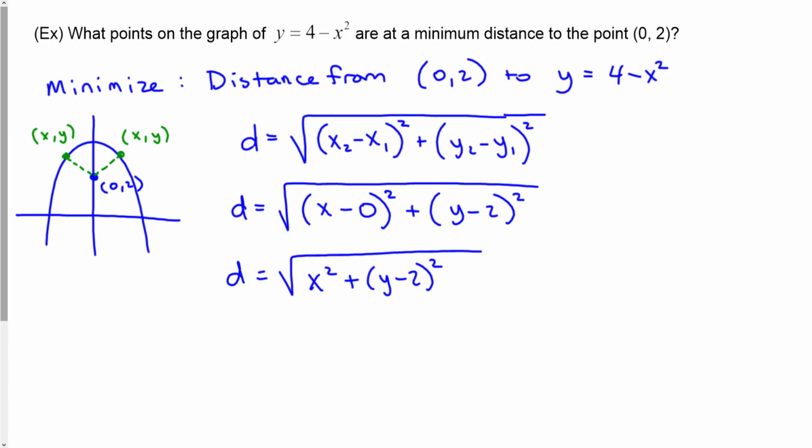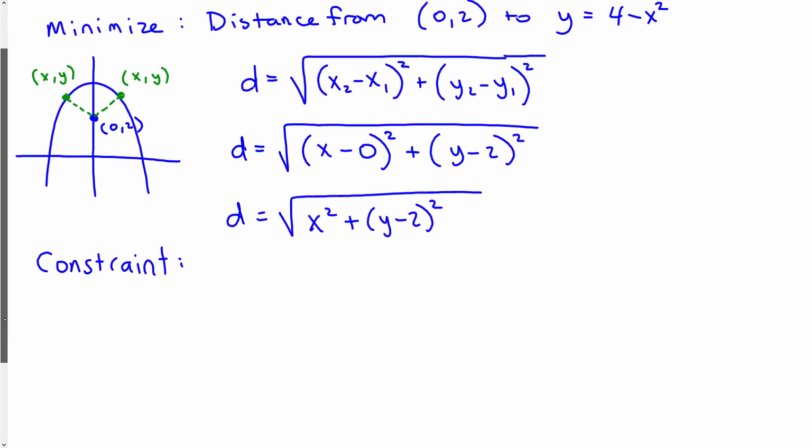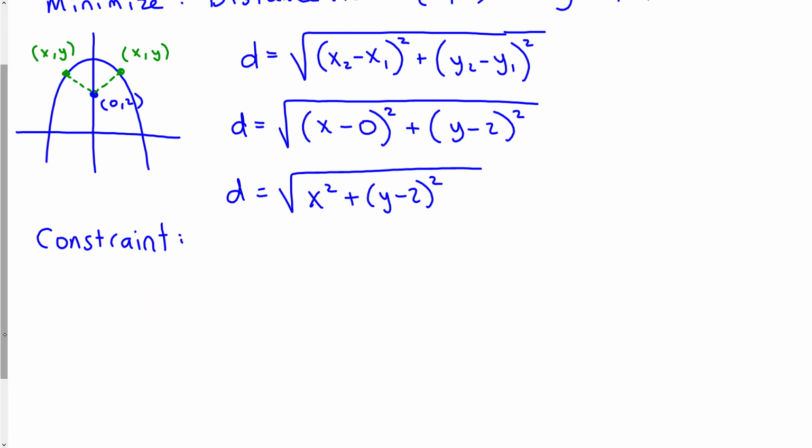So my constraint is that the point (x, y) exists on the parabola y equals 4 minus x squared.